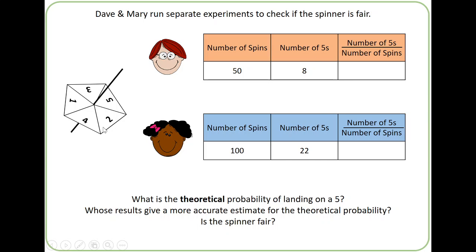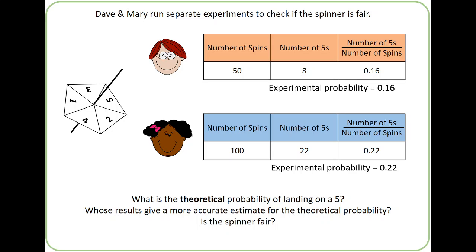So their experimental probability will be the number of 5s over the number of spins. Okay, so 8 divided by 50 to get 0.16, and Mary's would be 22 divided by 100 to get 0.22.